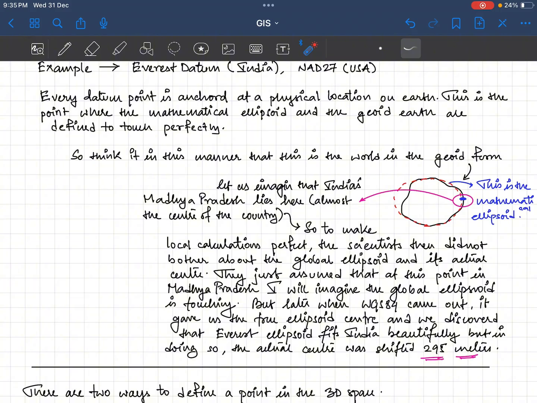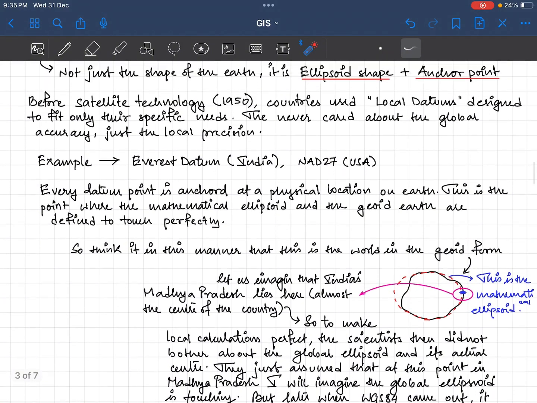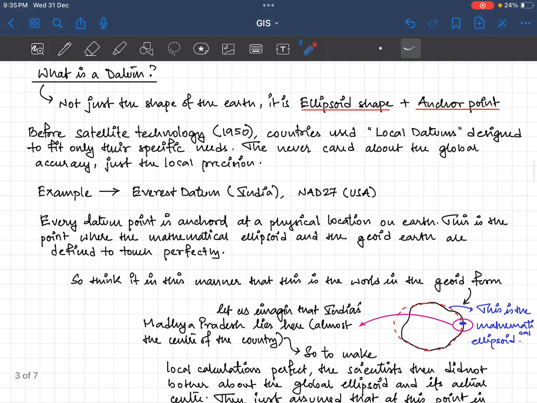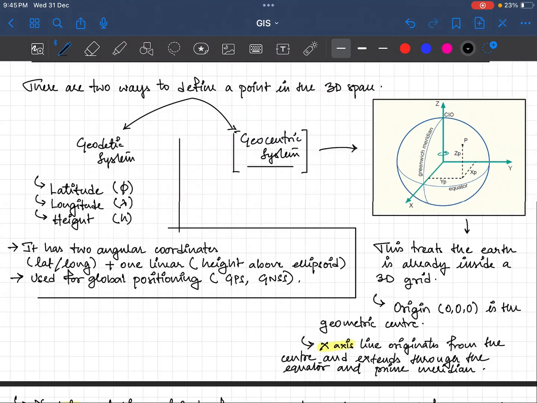So this is how a confusion was brewing between multiple local datums. Finally, it got resolved when a global datum was made available.